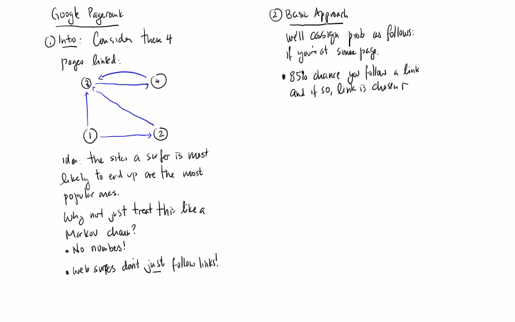Again, this is not something that is necessarily done anymore, right? There may be more popular links and less popular links, and people may be more likely to choose one link and so on. But this was the basic idea.